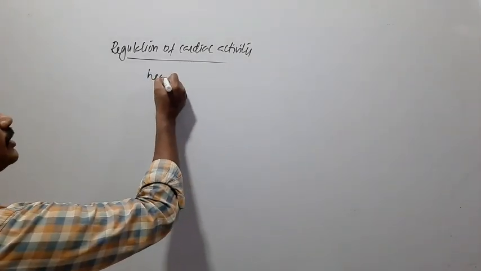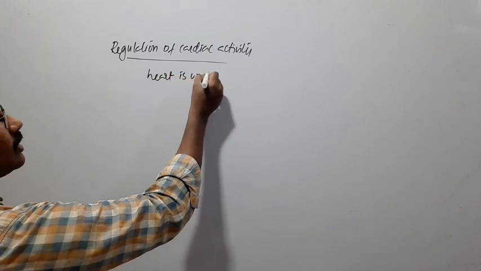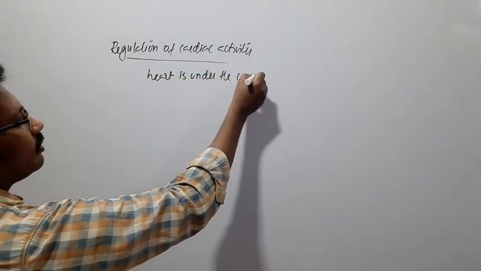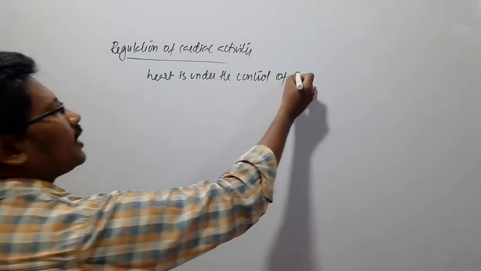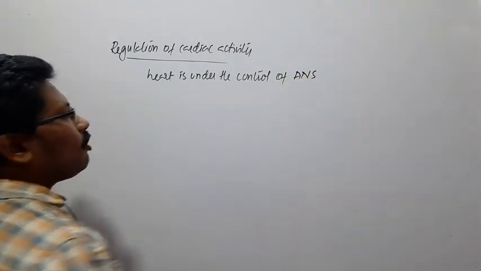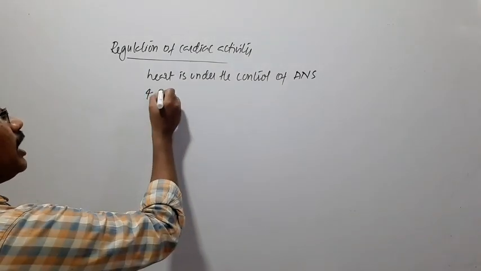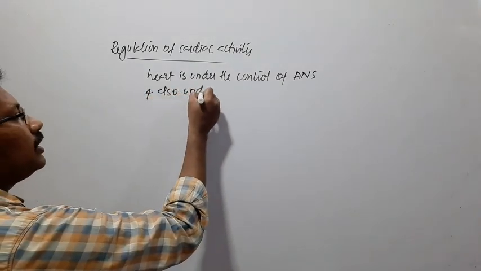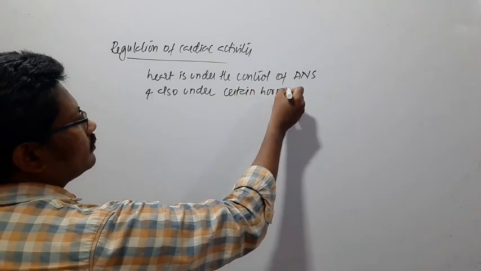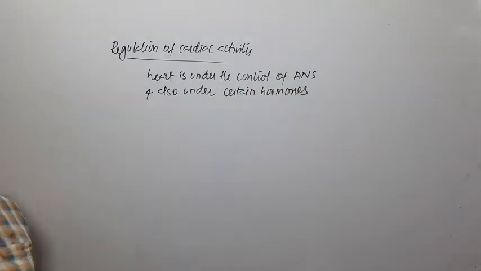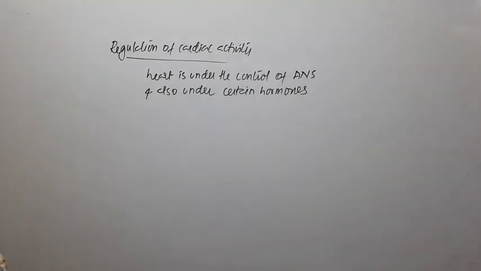So the heart is under the control of the ANS, that is the autonomic nervous system, and also under certain hormones. We'll see what those hormones are and how the heart is under the control of the autonomic nervous system.